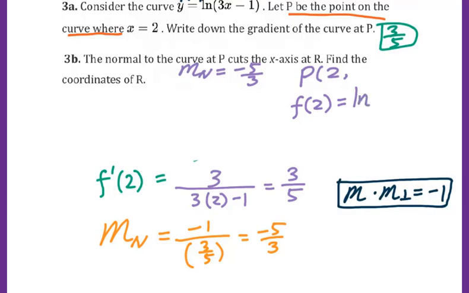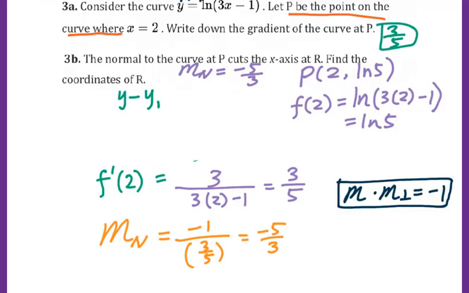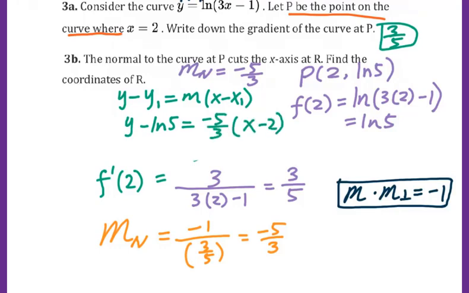You will get the natural log of 3 times 2 minus 1, which is the natural log of 5. Then we use y minus y1 equals slope times x minus x1. You will get y minus natural log of 5 equals -5 over 3 times x minus 2.